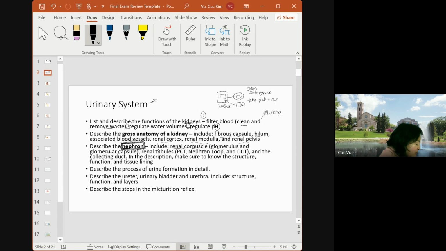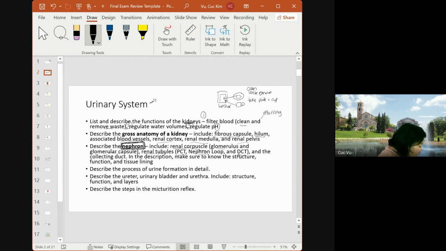From the renal corpuscle becomes the renal tubules, from the PCT to the nephron loop to the DCT. And some textbooks, and yours in particular, consider the collecting duct as a separate structure, so it's not part of the nephron. Other textbooks do consider the collecting duct as part of the nephron, but yours does not. Okay.